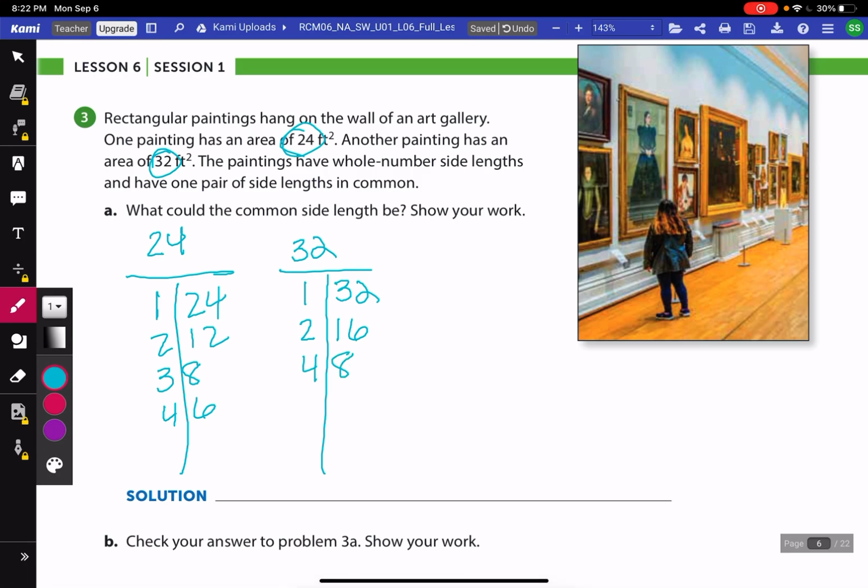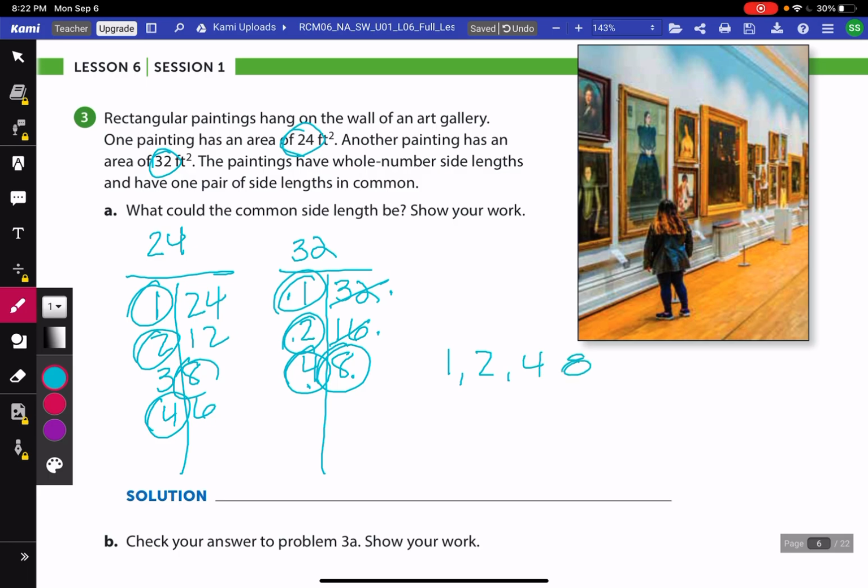All right, do we have a 32 in common? No. Do we have a 16 in common? No. Do we have an 8 in common? Yep. Do we have a 4 in common? Yes. Do we have a 2 in common? Yes. Do we have a 1 in common? Yes. But what's the greatest number? We have 1, 2, 4, and 8. What's the biggest number we have in common?